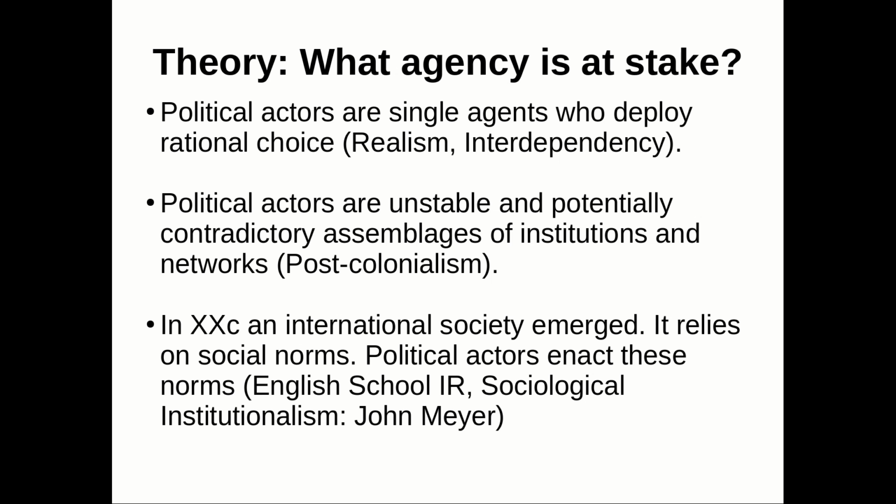In the 20th century, other theories argue that an international society emerged, so that the anarchy that realists had taken for granted is no longer the case. This international society has created its own social norms.